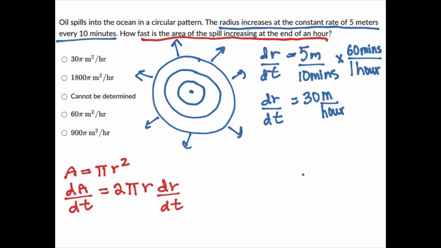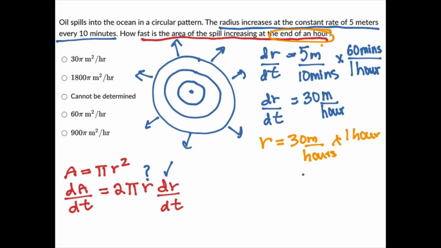That's great, we have dr over dt, but in order to calculate dA over dt, we also need r. The problem is asking for the rate at the end of an hour. If dr over dt is 30 meters per hour, then r after 1 hour is that rate, 30 meters per hour, times 1 hour.